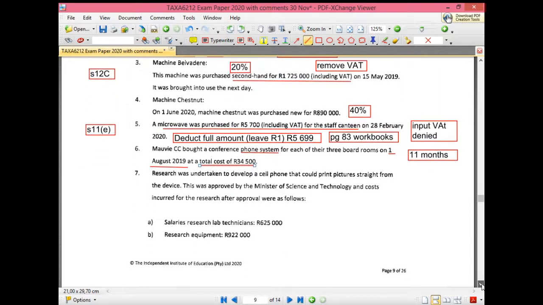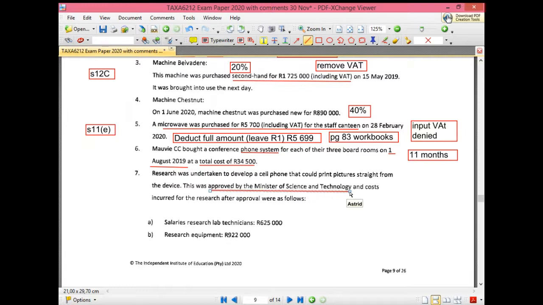Then the next one is your research and development. So research was undertaken to develop a cell phone that could print pictures straight from the device. Now remember, for research and development expenses, if it is approved by the Minister of Science and Technology, which it was, and it is incurred in South Africa, we can deduct 150%, but only expenses.